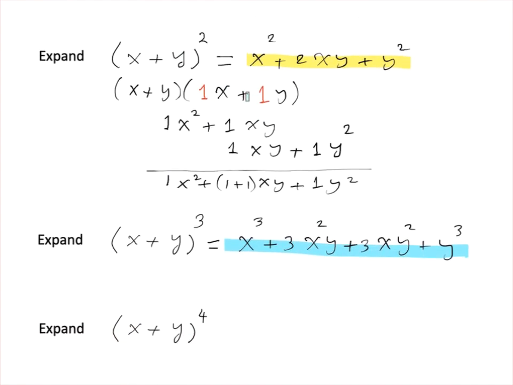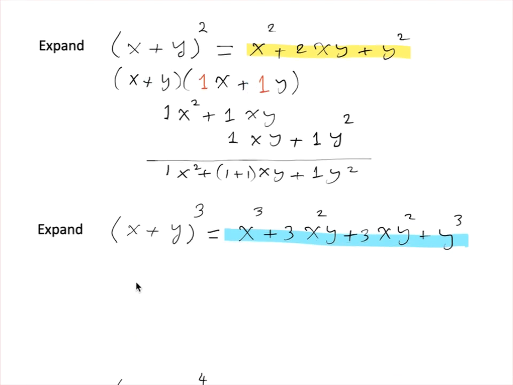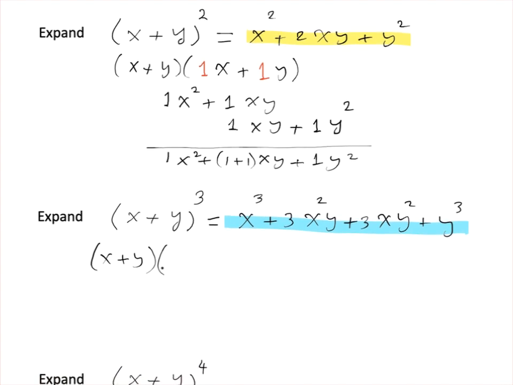And again, similar to what we did for the second power, here too you can write this as x plus y times x plus y quantity squared, which is the previous result, which is x squared plus 2xy plus y squared.